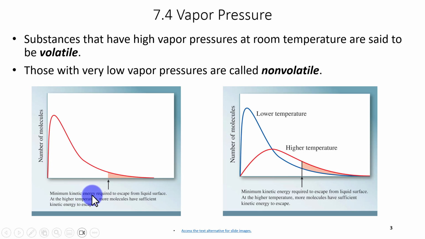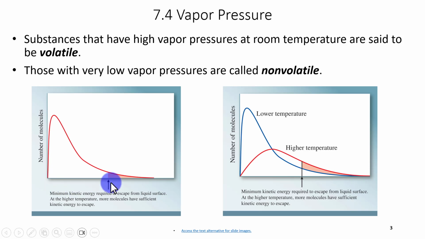It has to have some energy to overcome that attraction from other molecules in the liquid phase and be able to escape and go into the gaseous phase. That minimum kinetic energy is required by all these molecules to be able to overcome those intermolecular forces.